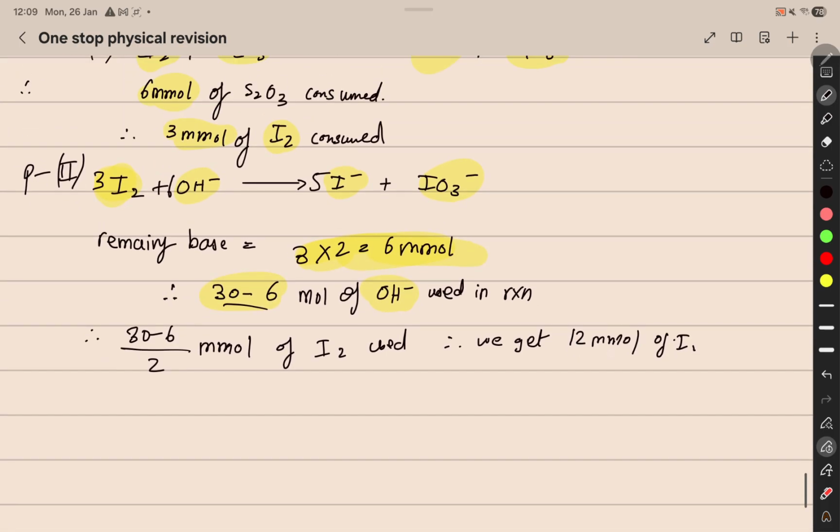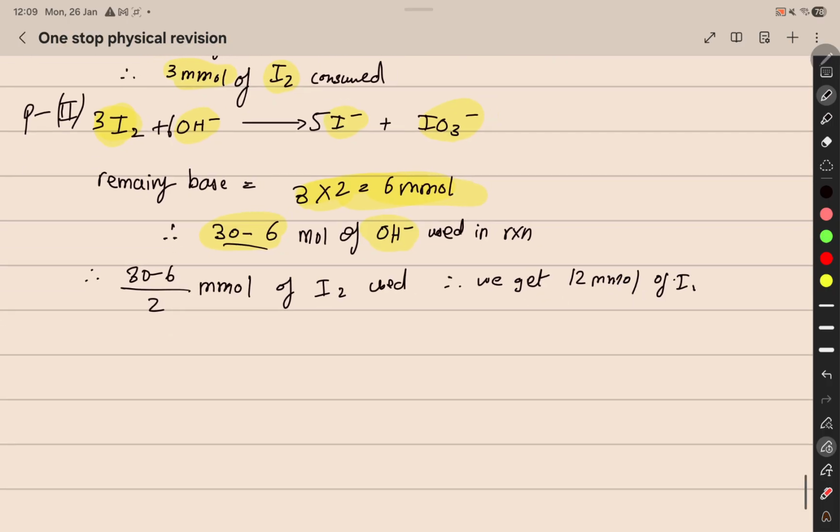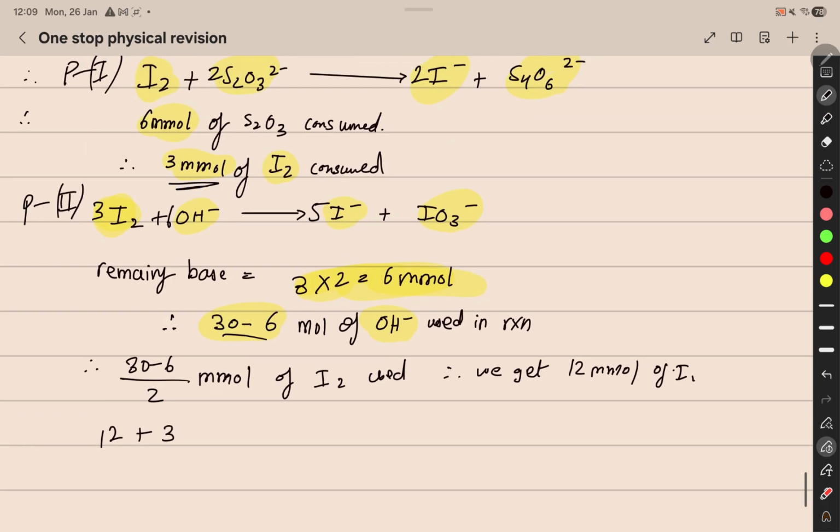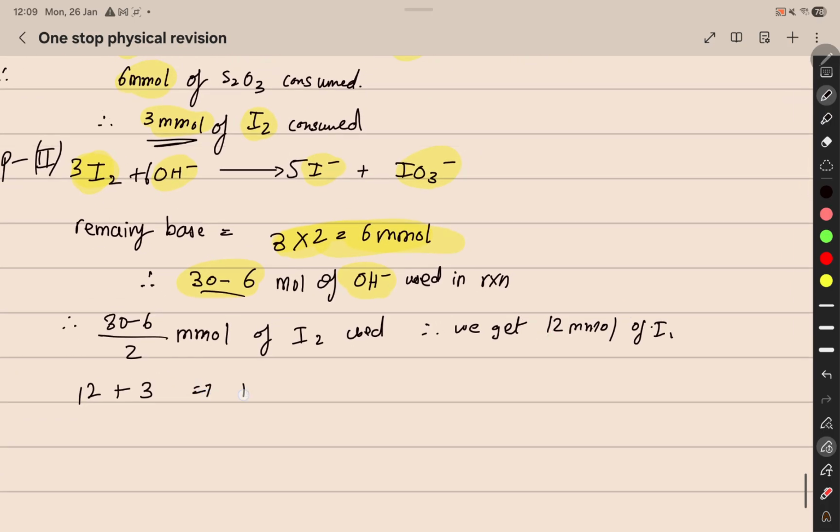From the stoichiometric ratios, we can see that 6 millimoles of OH are used for 3 millimoles of I2. So 24 millimoles of OH can be used for 12 millimoles of I2. Then the total I2 is 12 plus 3, from part 1 and part 2. So we got 15 millimoles of I2, and the total volume is 150 ml. So we get the answer to be 0.1. So that is our answer.